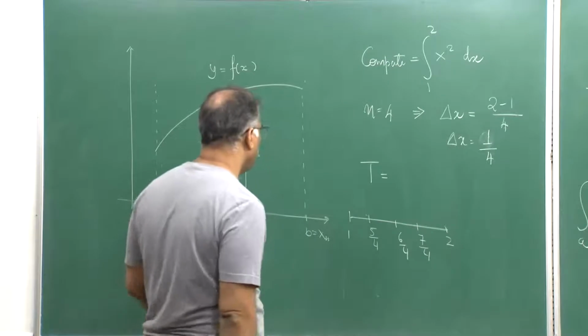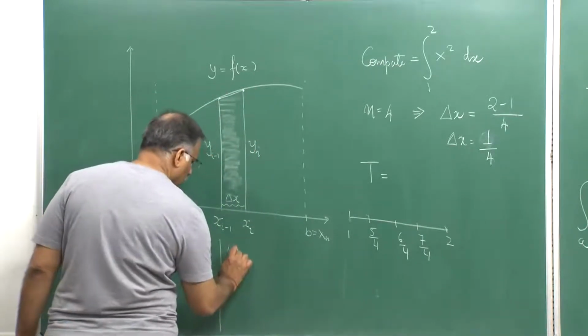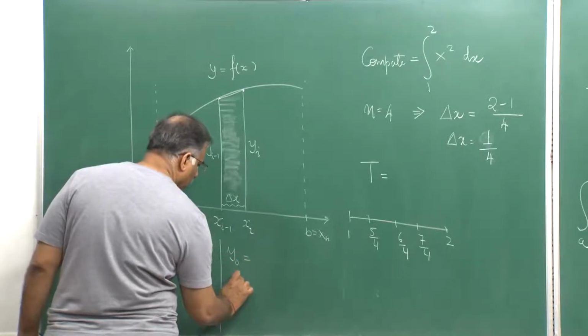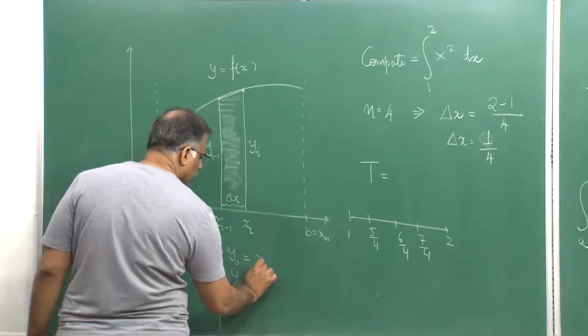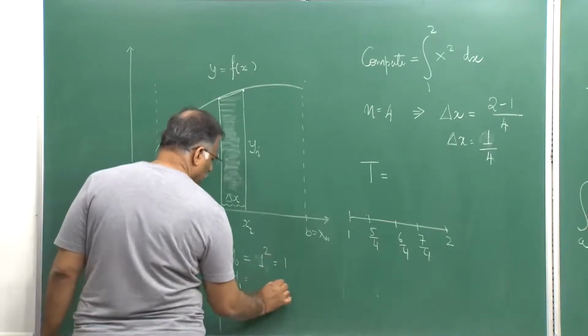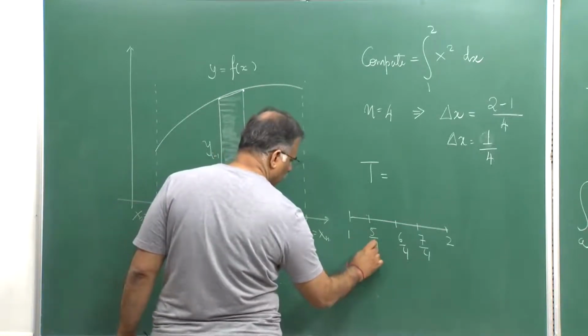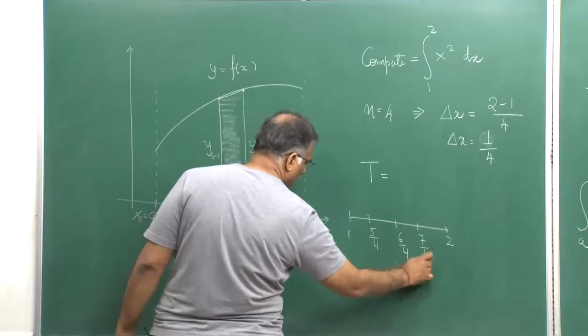Basically, you have to know what y0 is, what y1 is. So, what is y0? It is x0 squared, that is 1 squared, then y1 and also y2. So, you have to know y0, y1, y2, y3, y4.